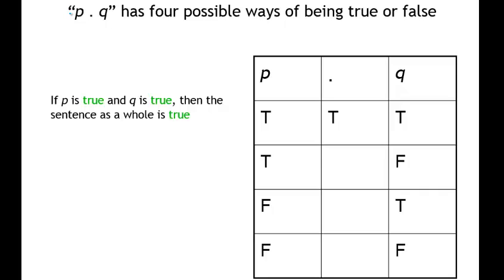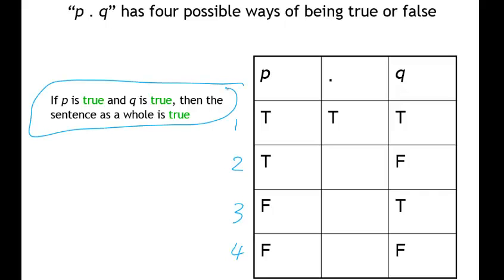So there are 4 possible ways: 1, 2, 3, and 4. We will stipulate for each of them what the truth value for and is. In case 1, if P is true and Q is true, then the sentence as a whole is true.